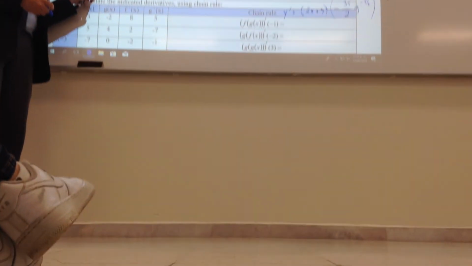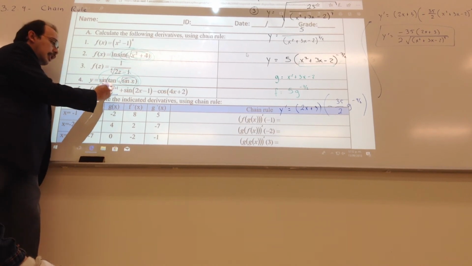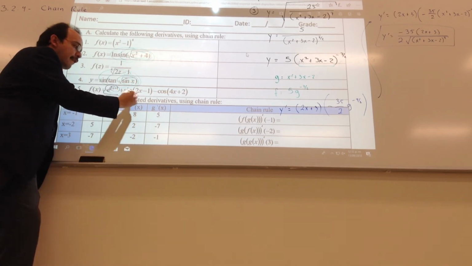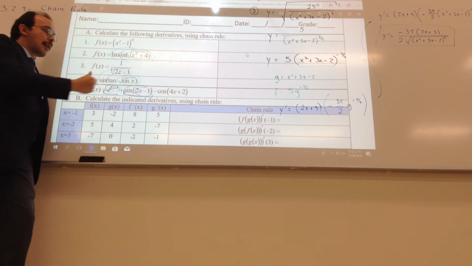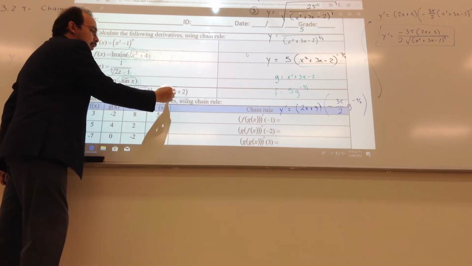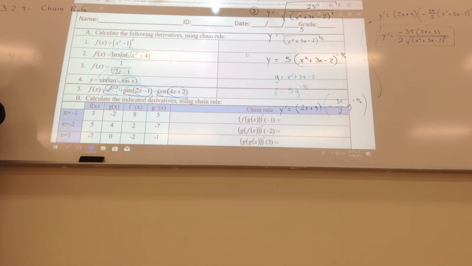So in this case, you have this function with 2 components, plus another different function with 2 components, minus another function with 2 components.